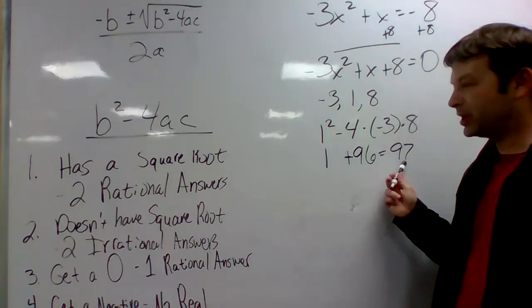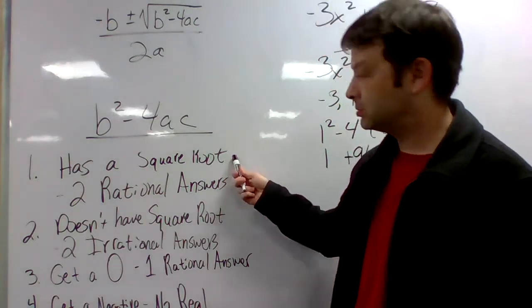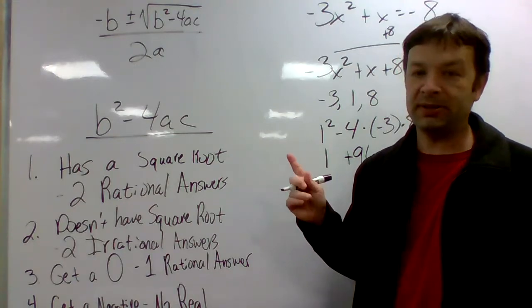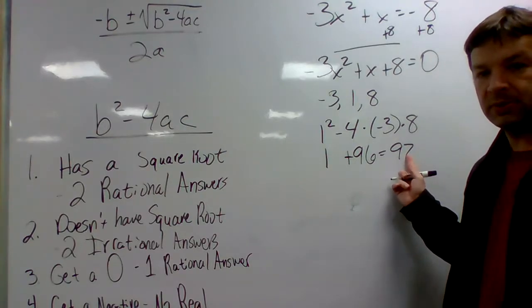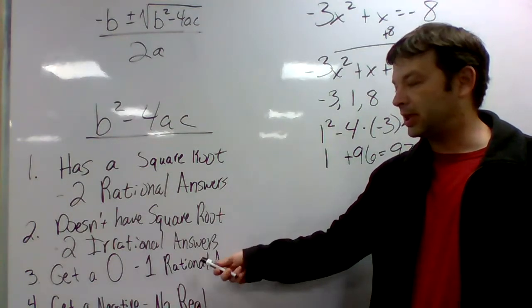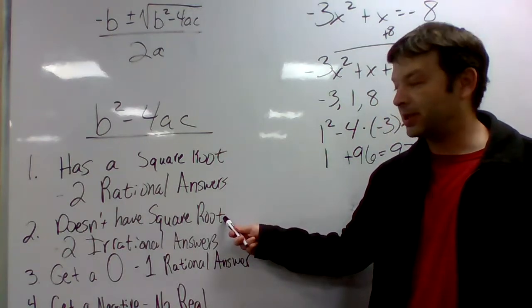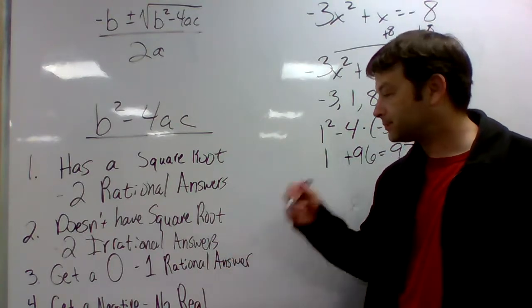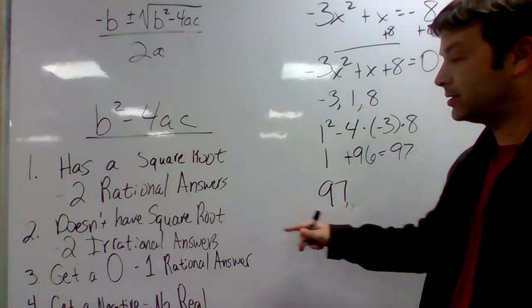So we get something positive. Does it have a square root? You plug it in the calculator? No. 9 times 9 is 81, 10 times 10 is 100. There's nothing nice that will give us 97. So no square root. It's not 0, it's not negative, so it doesn't have a square root. So this is 2 irrational answers. The answer would be 97 and B.